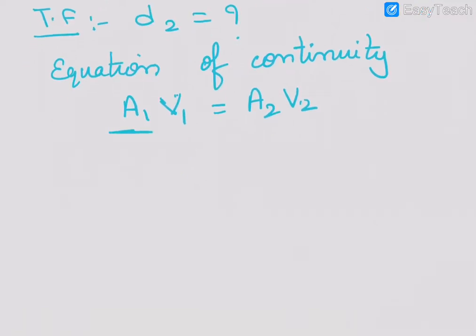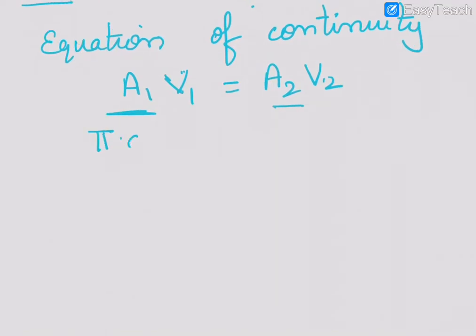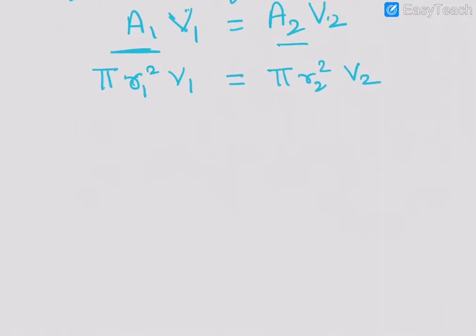Now see, A is what? Area, right? Now what area will we take? Pi R1 square V1, and for A2 you will take pi R2 square V2. Now pi gets cancelled on both sides.